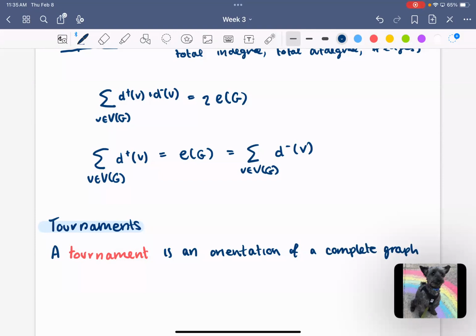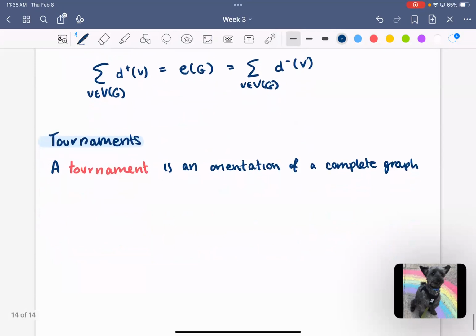So say we have 5 teams and they each play each other, and let's say we point the head towards the winner.